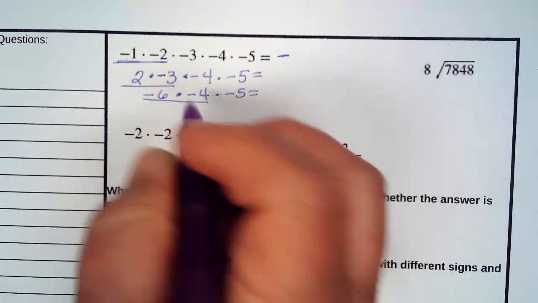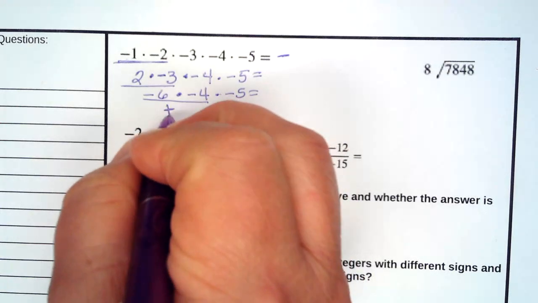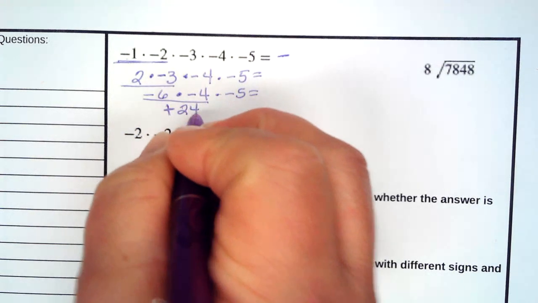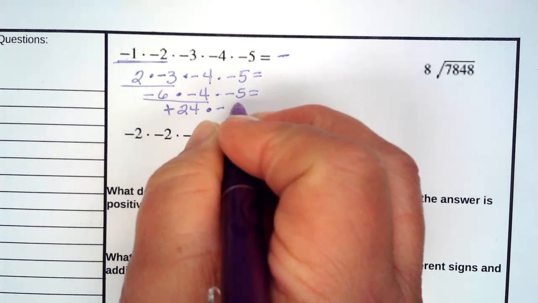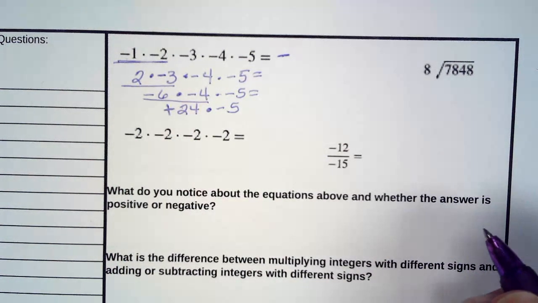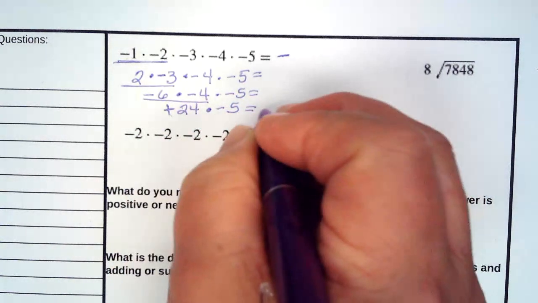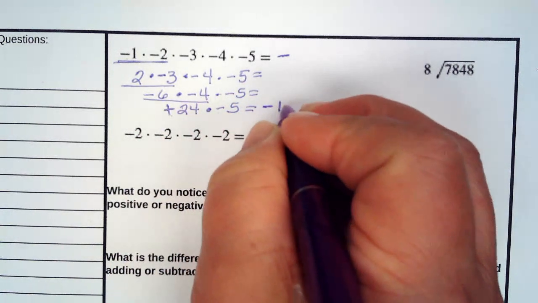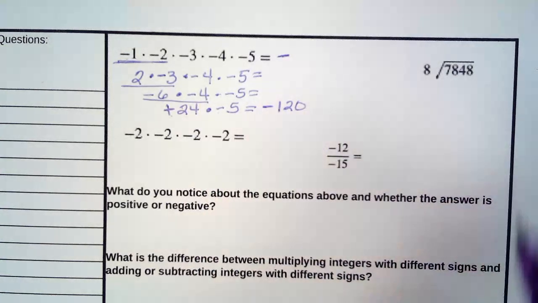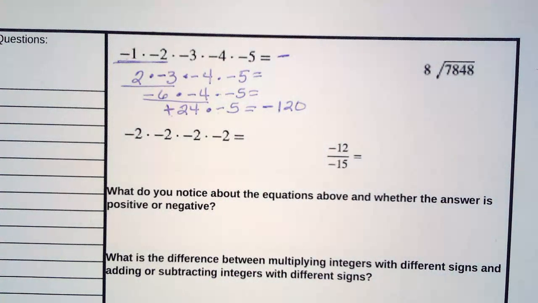Negative 6 times negative 4 is positive 24 times negative 5. Man, that looks like the last one we did. Positive times negative is a negative, and this will be negative 120. If you don't remember that last problem we did, you would have done a lot more work.